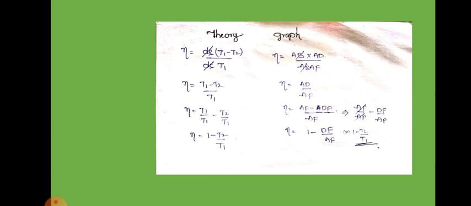So to find the efficiency of the Carnot heat engine using the TS diagram, mathematically, theoretically and by graph: in theory, the efficiency of the Carnot heat engine is eta equal to 1 minus T2 by T1. According to the graph, eta is equal to 1 minus DF by AF. Therefore, eta is equal to 1 minus T2 by T1.